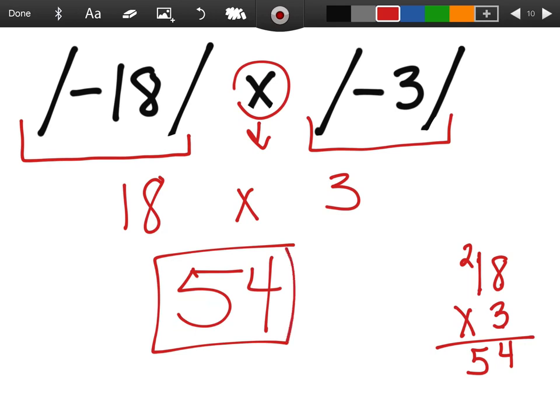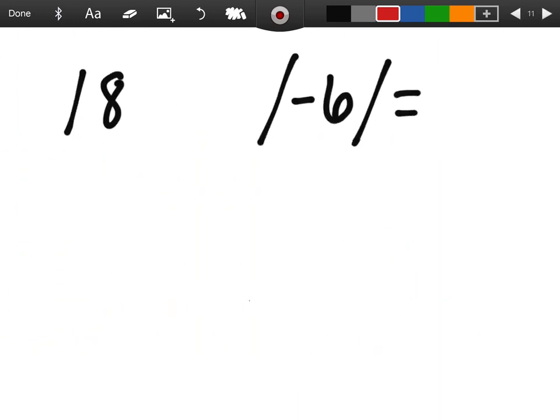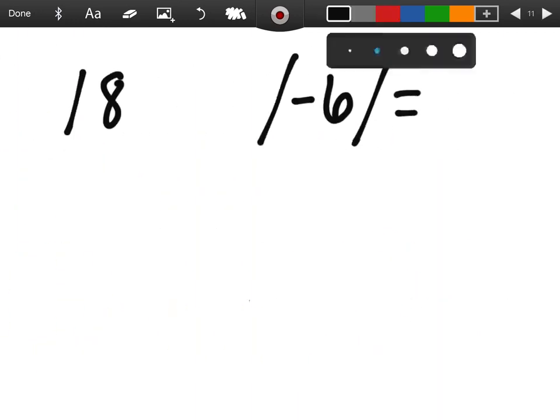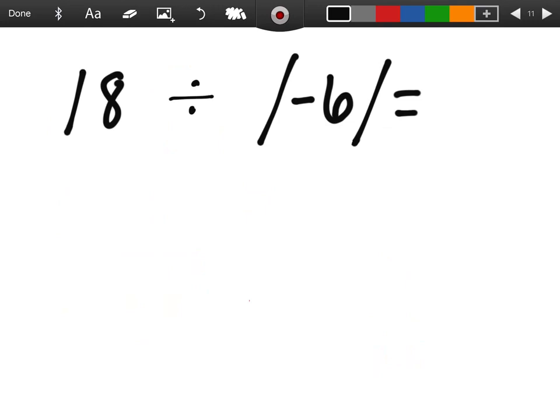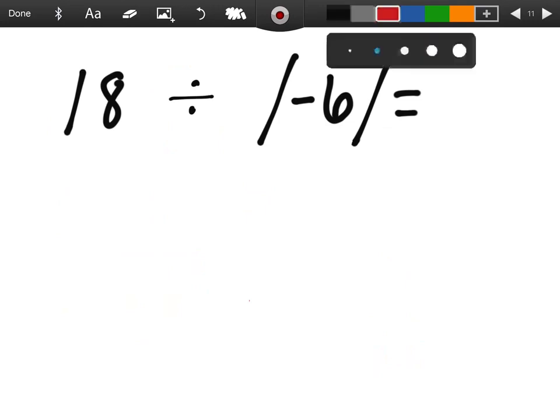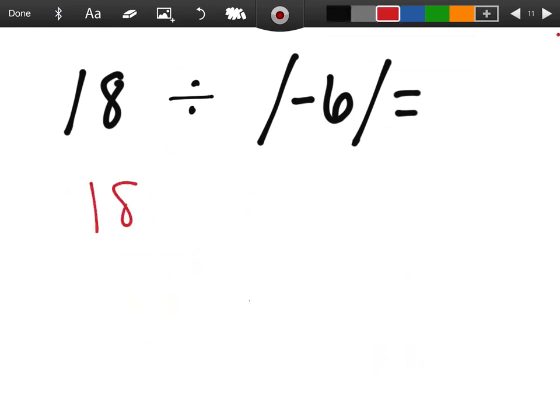Okay, add, subtract, multiply. What's left? Let's divide. Uh-oh, I forgot my division sign. Okay, 18 divided by the absolute value of negative 6. Well, 18 doesn't change. My divide sign doesn't change. What is the absolute value of negative 6? Well, the absolute value of negative 6 is 6. Okay, so I need to switch this into a division problem with the radical.